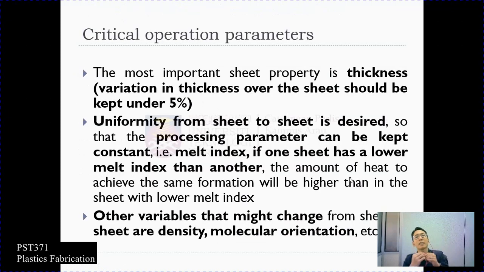Okay, the critical operation parameter, this is very important. In order to have very minimal defects of thermoforming products and very cost effective operations, okay, the most important sheet's property is thickness. Okay, whereas the variation in thickness over the sheet should be kept under 5%.